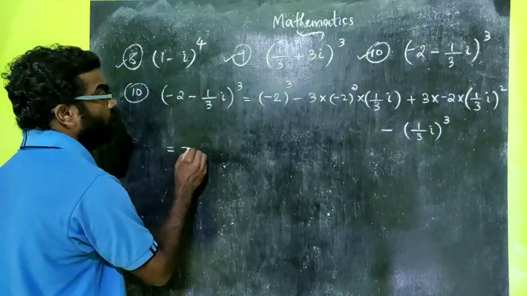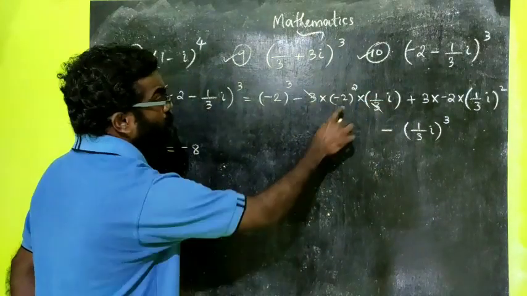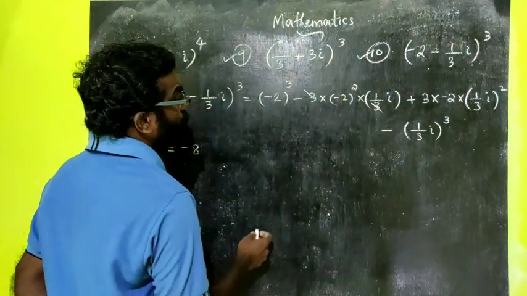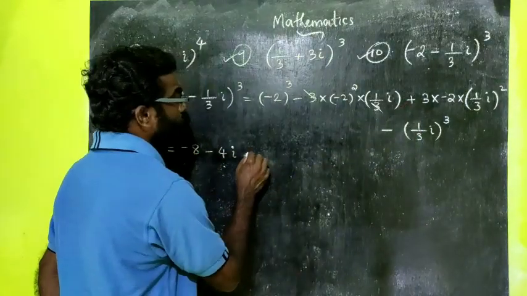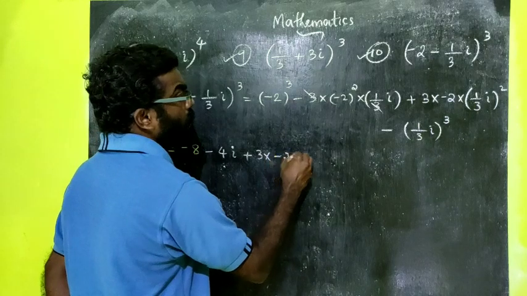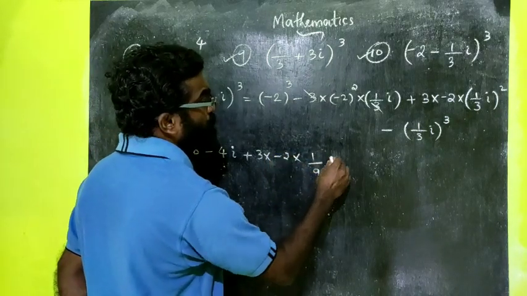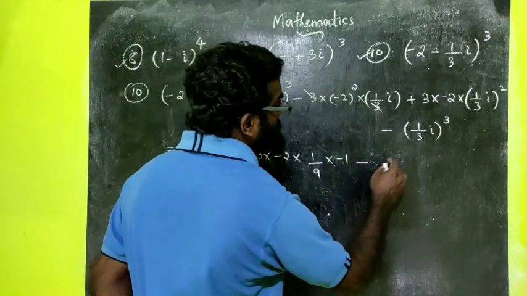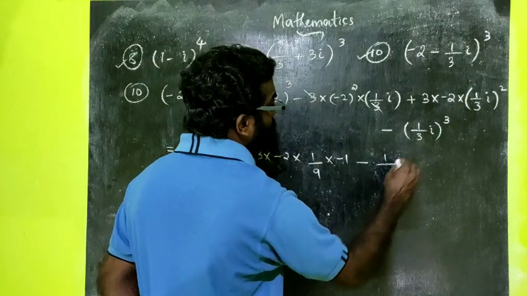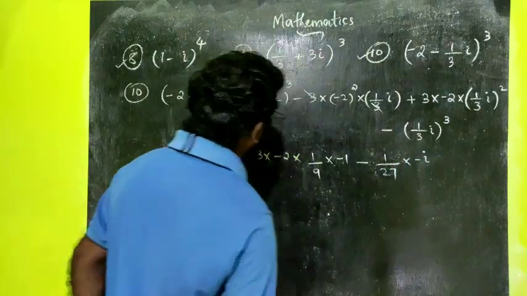Minus 2 the whole cube, it is minus 8. Here we can cancel this 3 and 3. Minus 2 square is 4. So minus 4i, then plus 3 into minus 2 into 1 square is 1, 3 square is 9, and i square is minus 1. Okay, then minus, here 1 cube is 1, 3 cube is 27, and i cube is minus i.